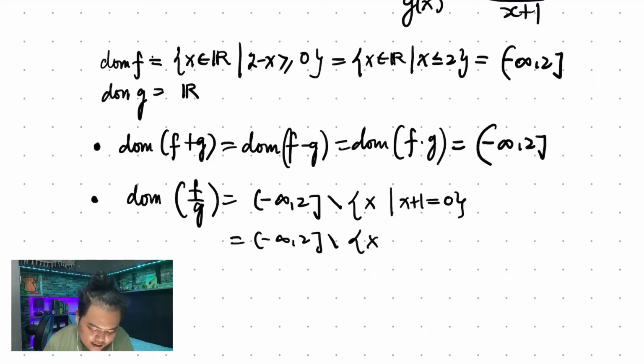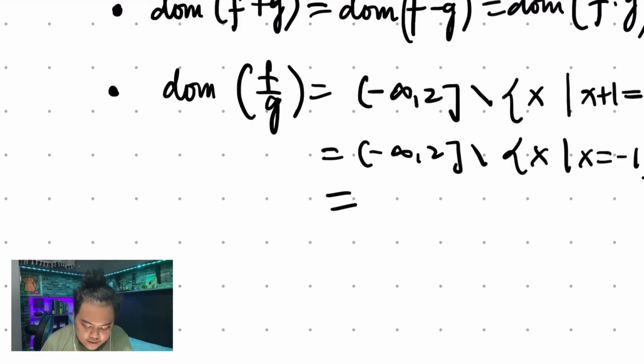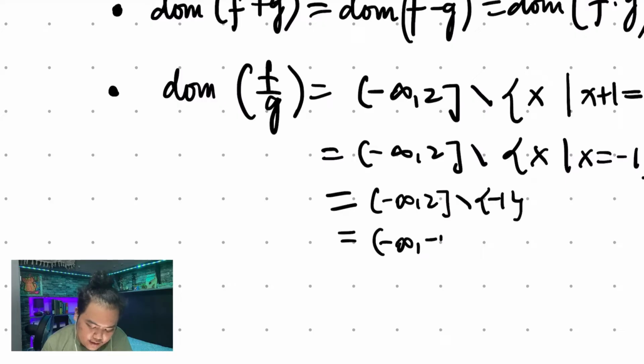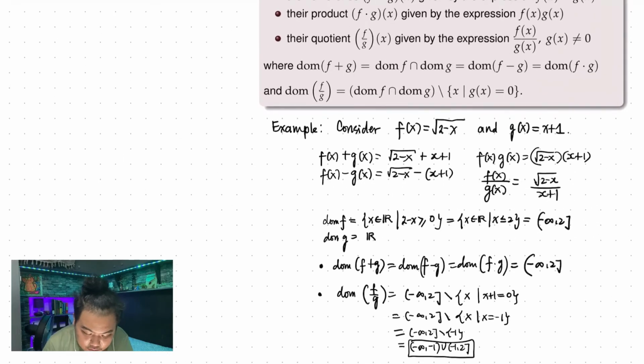Alisin daw yung mga x such that x is negative 1. So, alisin mo lang si negative 1. So, negative infinity to 2, take away negative 1. Or negative infinity to negative 1, union, negative 1 to 2. So, that's how you do it. So, itong 2, nakuha sa intersection nito, tsaka ito, kasi yun yung formula. Domain ni F, intersection, domain ni G.